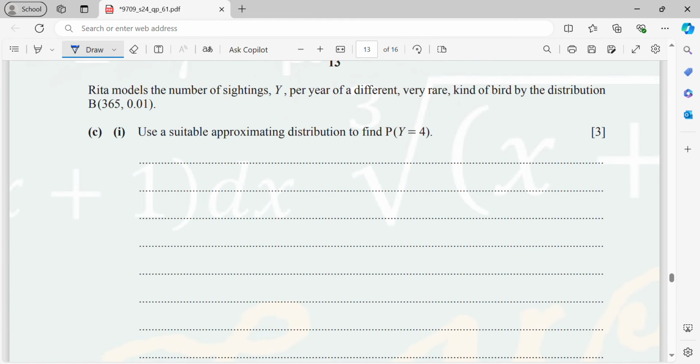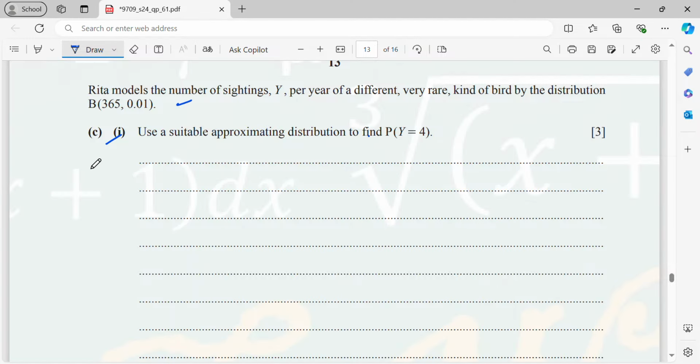Now, Rita models the number of sightings Y per year of a different, very rare kind of bird by the binomial distribution. First part for the C, use a suitable approximating distribution to find P(Y = 4). So I will write this as Y, because it's mentioned in the question.